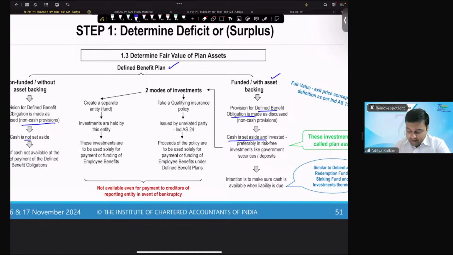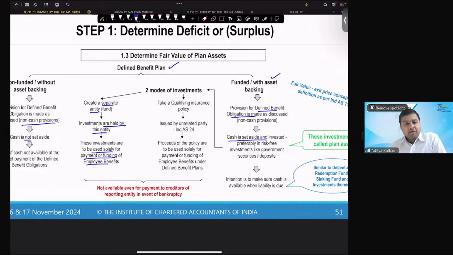First one is I create a separate entity. We call that the investment entity of these employees' obligations. Investments are held by this entity, and these investments are used solely for payment or funding of employee benefits.